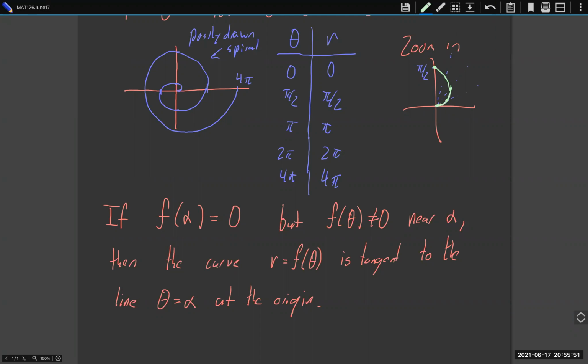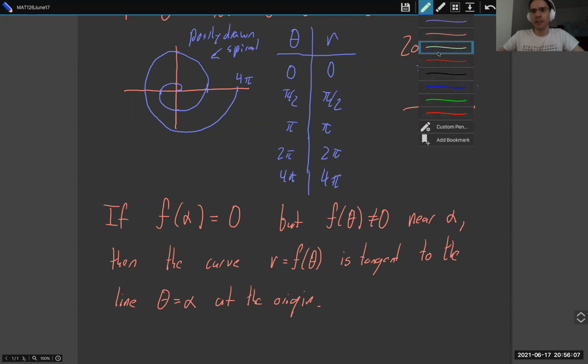Wait, so the dots, can you explain where you put the dots again? Right. So at the angle theta, the distance that I'm going is theta, right? So here, let's say this is pi over 2. Let's draw the circle of radius pi over 2. Whoops, that disappeared for some reason.